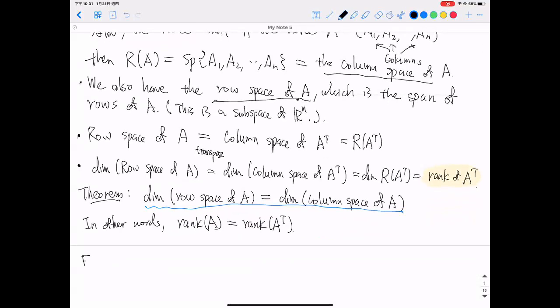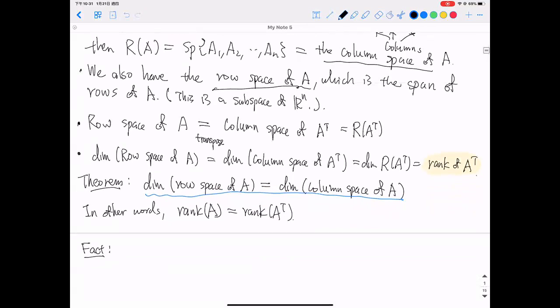And the next statement is a fact that I'm going to state for now, but not discuss for a while anyway. So let's say A is an m by n matrix as before.